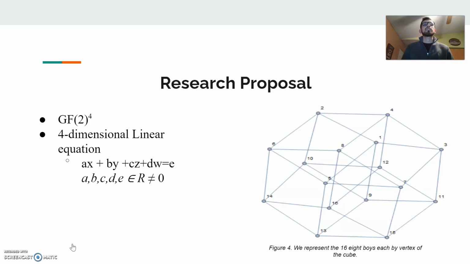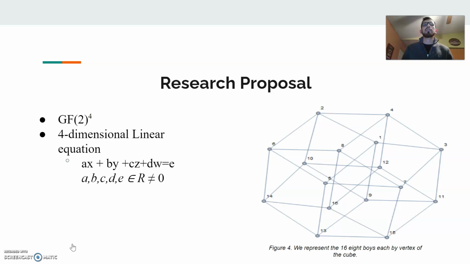This means we're going to be working in a 4-dimensional space, which also means a linear equation needs to be satisfied, which is ax plus by plus cz plus dw equals e, where a, b, c, d, and e are all real numbers except 0. This same equation can be applied to Galois field 2 to the 4th power, but with elements of Galois field 2, which are 0 and 1.